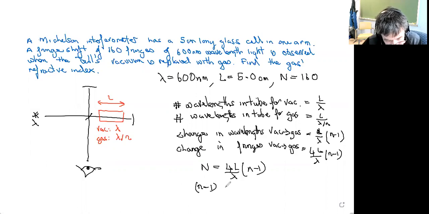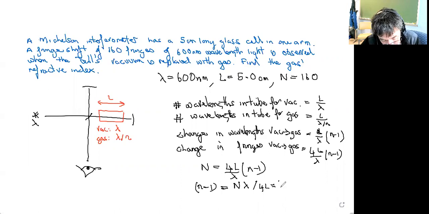So let's rearrange this equation by multiplying through by lambda and dividing by 4L. The fringe shift times lambda, the wavelength, divided by 4L is equal to n minus 1, the refractive index less 1. And we can plug in all these numbers on the right-hand side now.